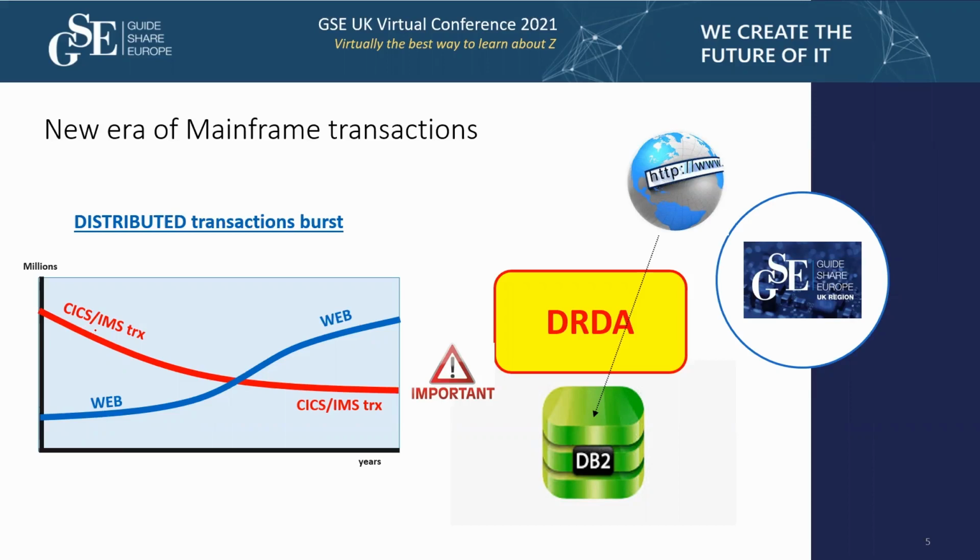And the related volume was more predictable than today, where web applications and web transactions are growing very fast, and we have a lot of peaks during the day, for example. The consequence is that today the transaction volume may be unpredictable, and this makes monitoring and tuning of Db2 a little bit difficult.